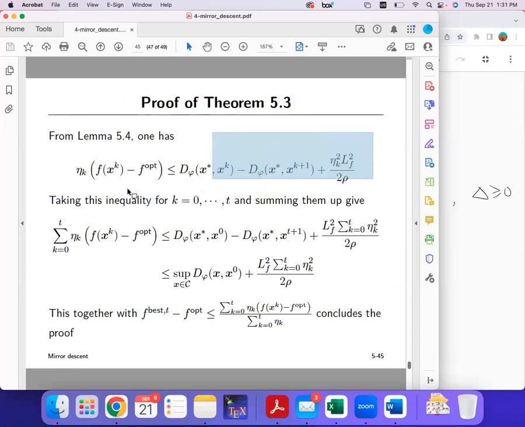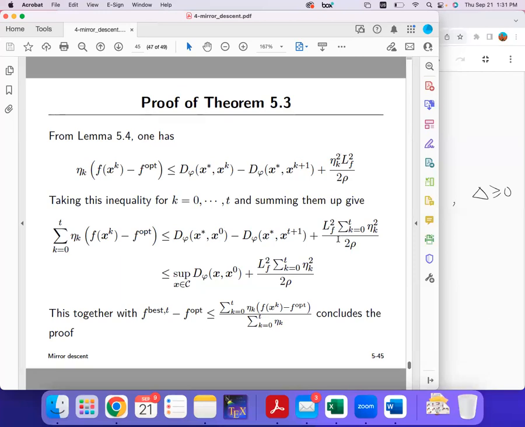This is Lemma 5.4 copied here, and we just sum over k from 0 to T. Once you sum them up on the right-hand side, intermediate terms cancel, so you only have the first and the last term.